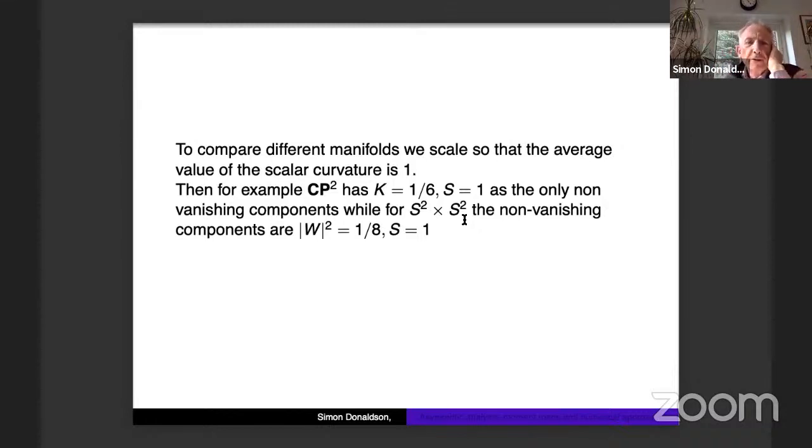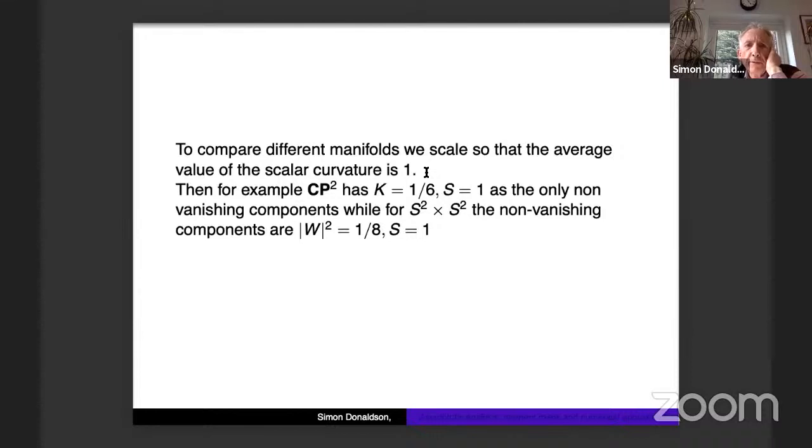So we said we want to try to understand these metrics on these toric surfaces, so we'd like to be able to compare between them. It's useful to normalize the scales so we get some sensible comparisons. In all we're going to talk about, I'm normalizing so that the average value of the scalar curvature is 1. So for example, we could take complex projective plane, CP2.